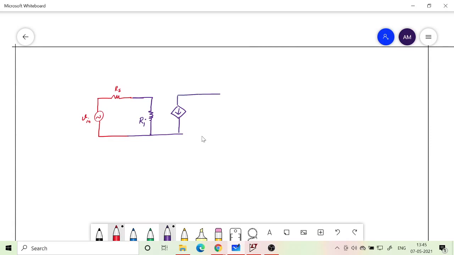Okay. So you will have this. This is what we have seen today in our class also. Okay. So this is your transconductance.